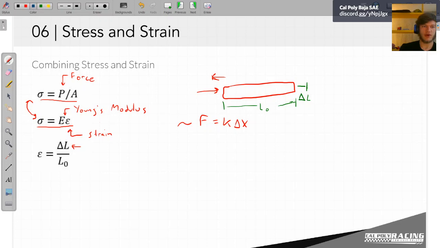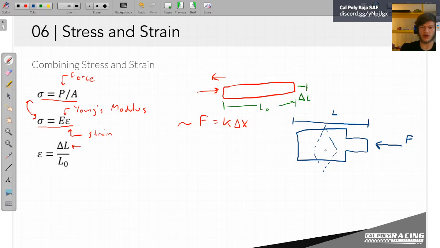So I have my known geometry here, or the geometry I'm trying to design with a given force. So we know the length, and we know the cross-sectional area here, right?